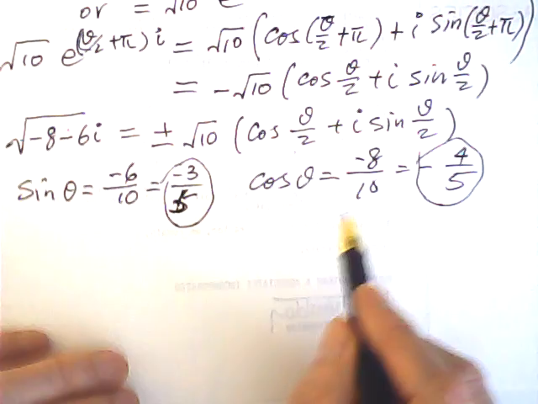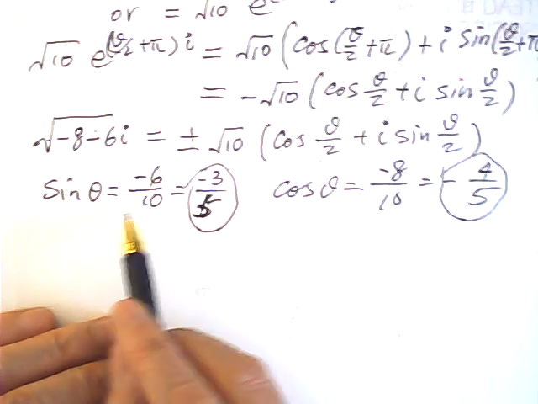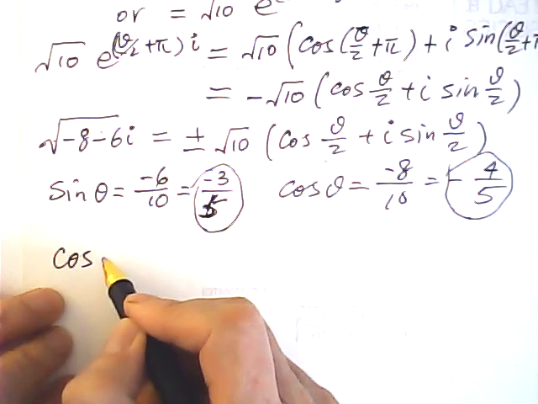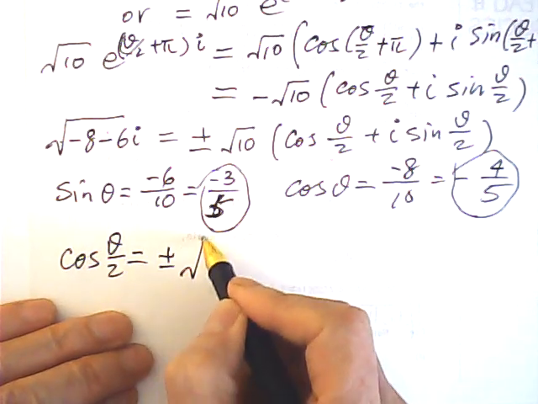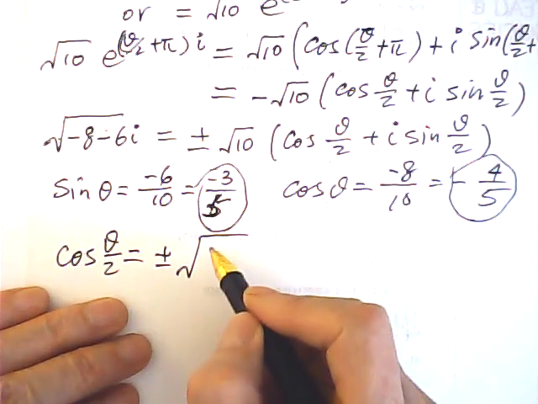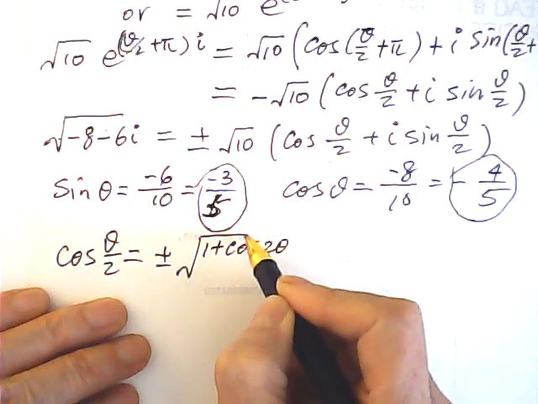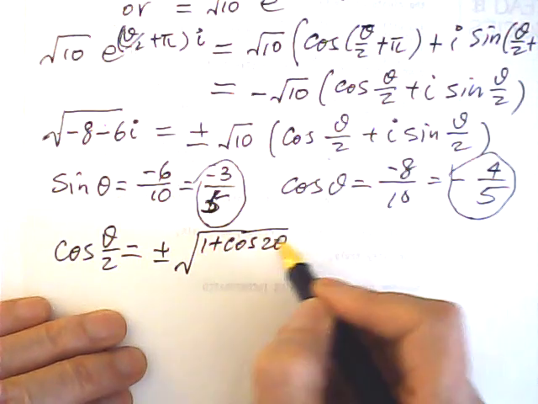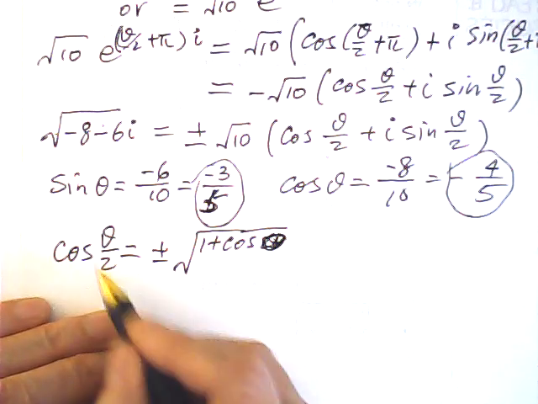Then we can find half theta. We know that cosine half theta is equal to plus or minus the square root of (1 plus cosine theta) over 2, because the double angle is theta.